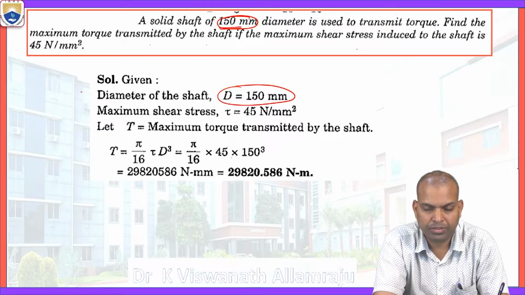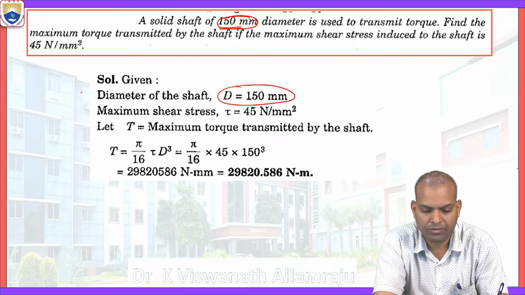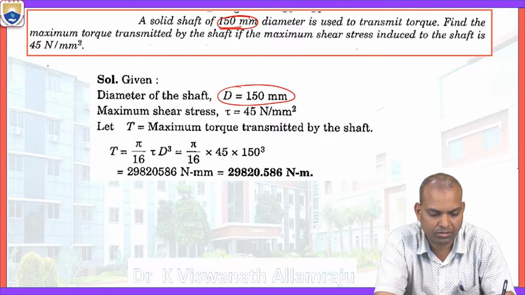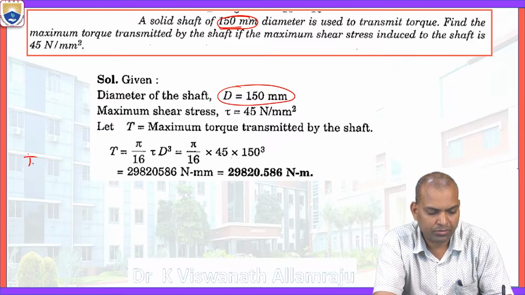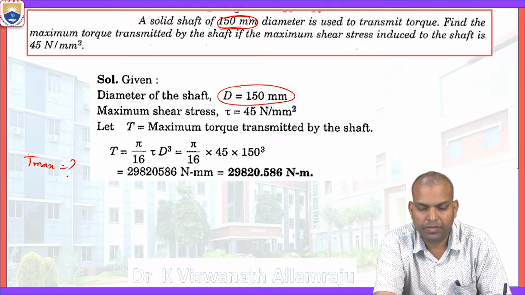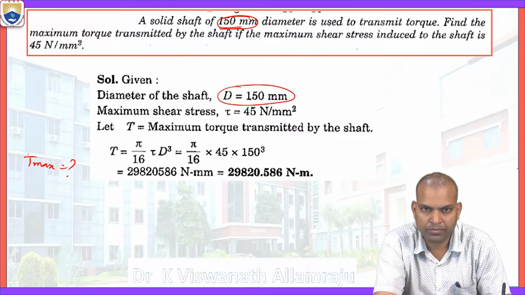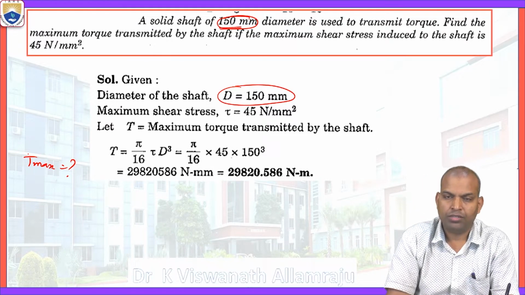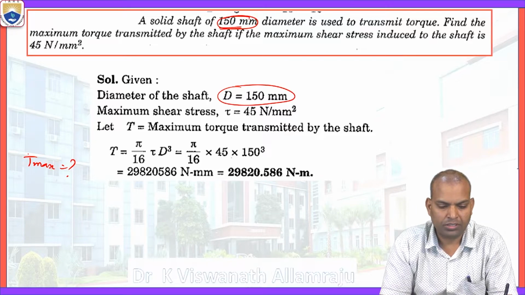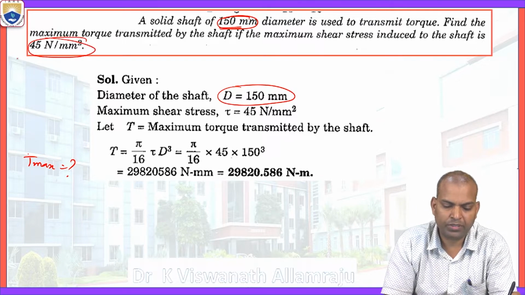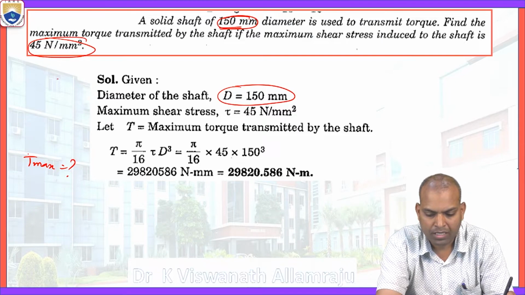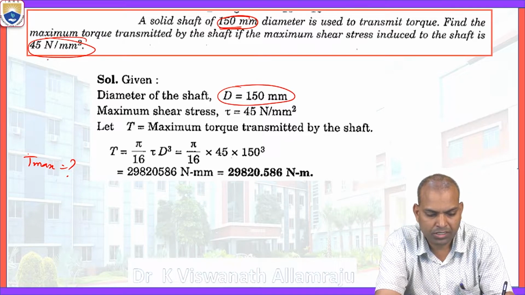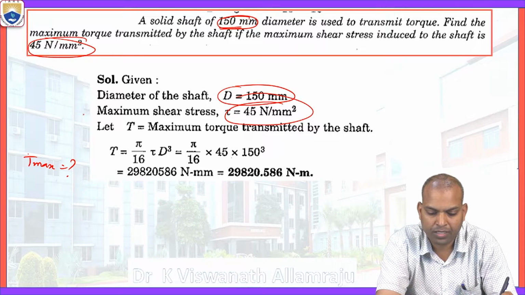Find the maximum torque transmitted by the shaft, if the maximum shear stress induced in the shaft is 45 Newton per square millimeter. This is what type of stress here? It is the shear stress, that is 45 Newton per square millimeter.